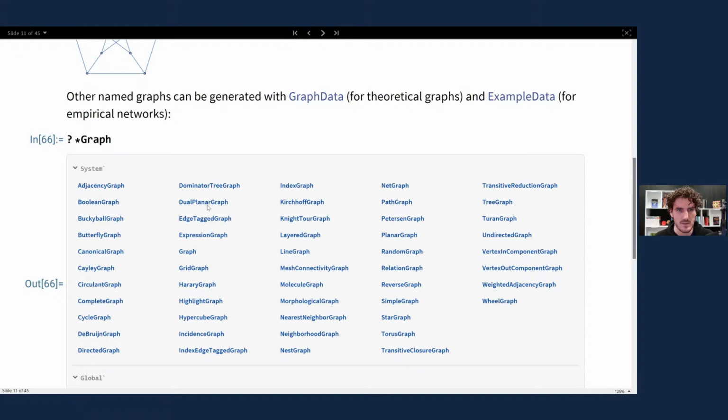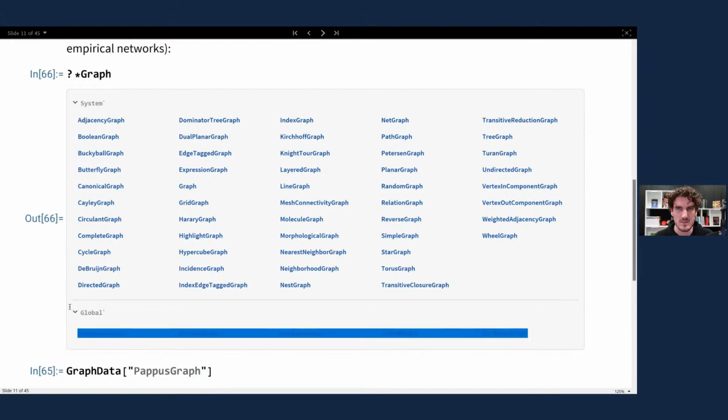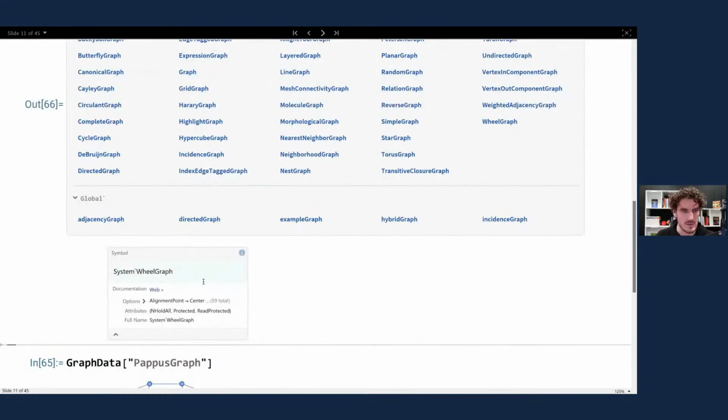Some of these we've seen already. And what's cool is it notes the context. So these are built-in functions. These are what are called global symbols because I've actually defined them in this notebook session. Wheel graph, that's a new one for me. So let's have a look at this.